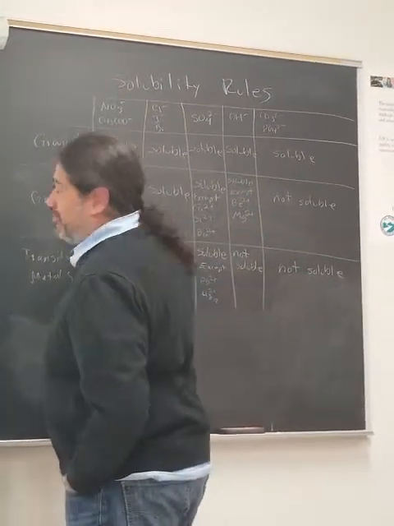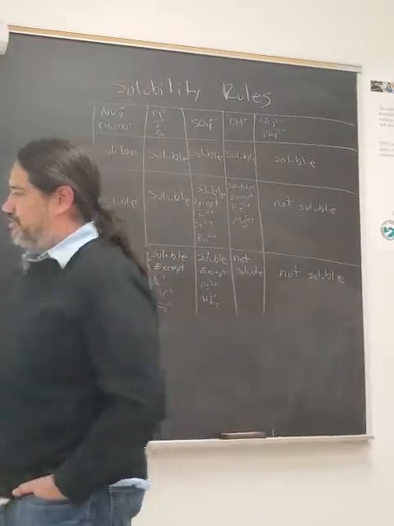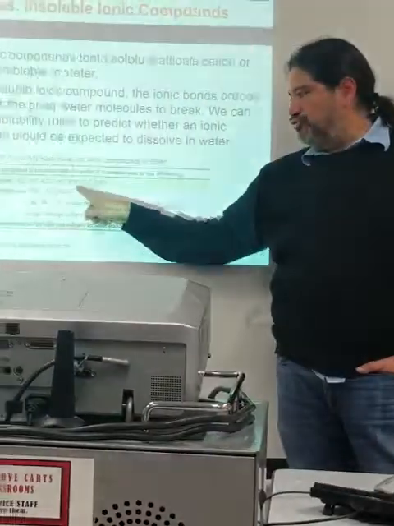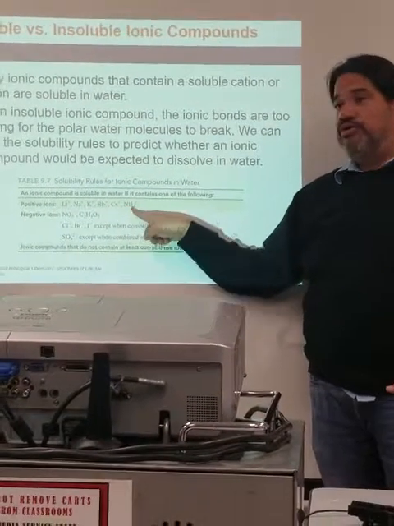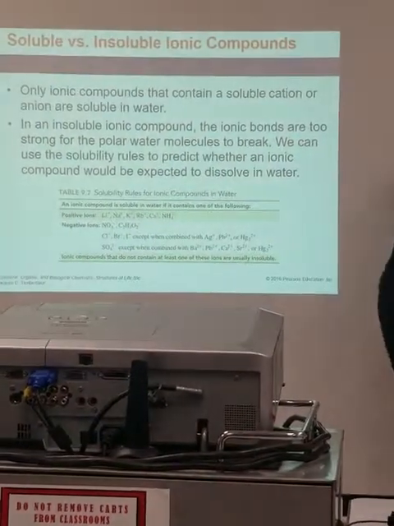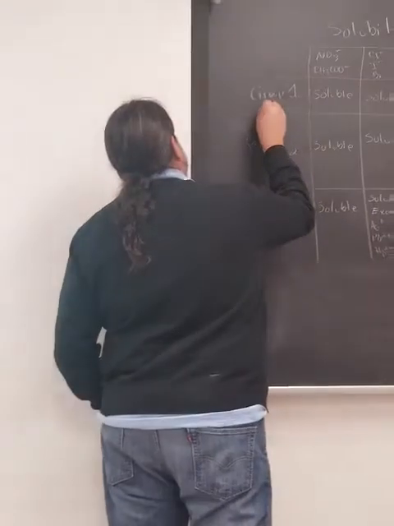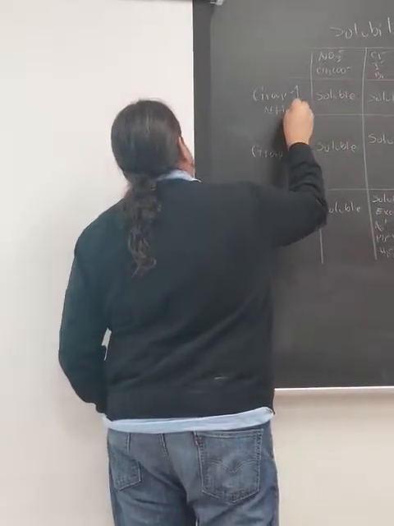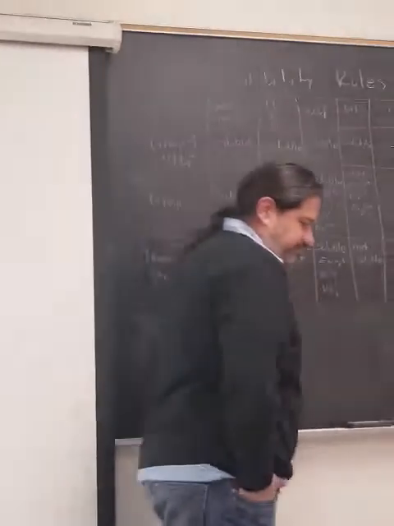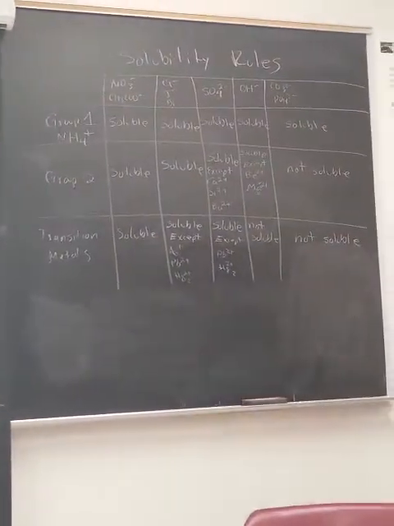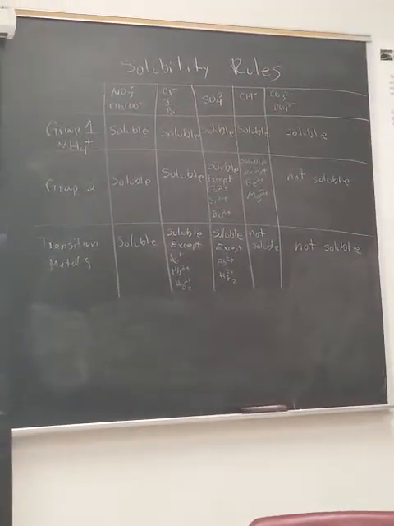So this right here is soluble all across. These are your group 1 metals, but in addition to group 1, we do have ammonium. So here we also need to include ammonium. Anything with sodium is always soluble, anything with potassium, always soluble.